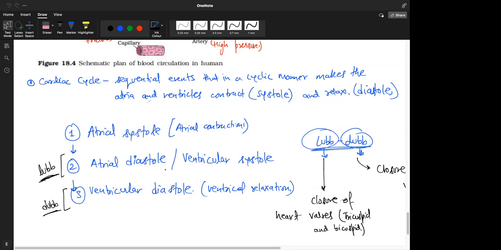Make sense? You just did the calculation, it came out to be around 5,040 milliliters, right? So in 1 minute, technically, the heart is capable of circulating all our blood once through the body, or through the heart itself. Clear?